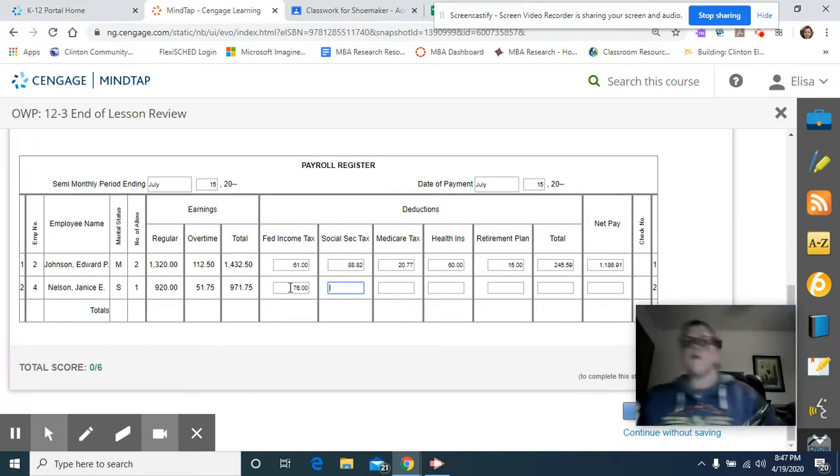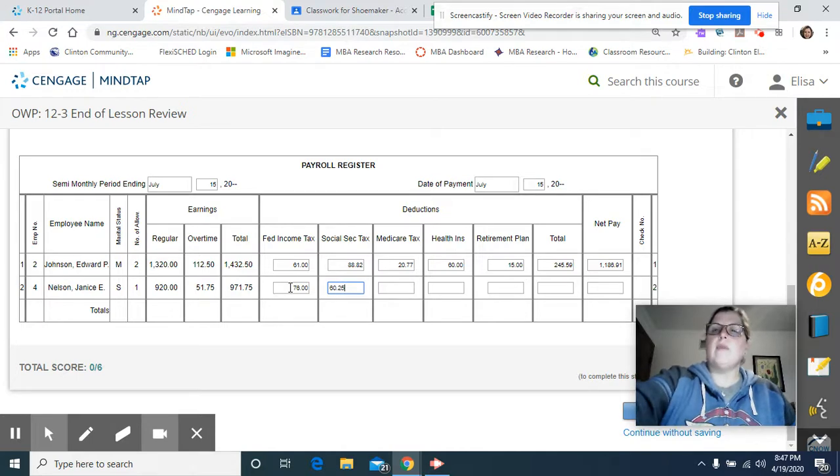So 60.25, because we round up. And our Medicare tax at 1.45% is $14.09.